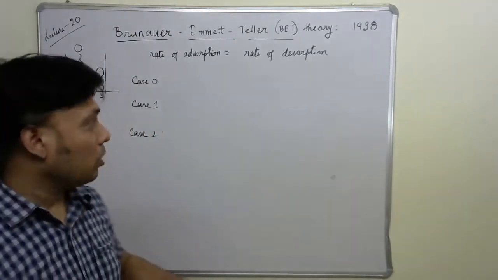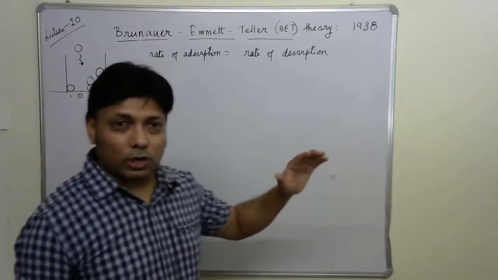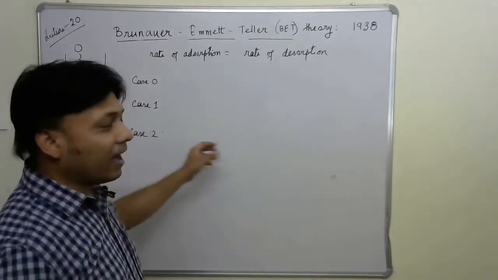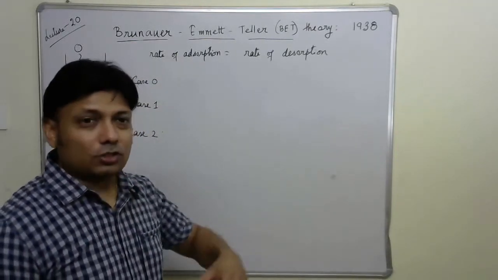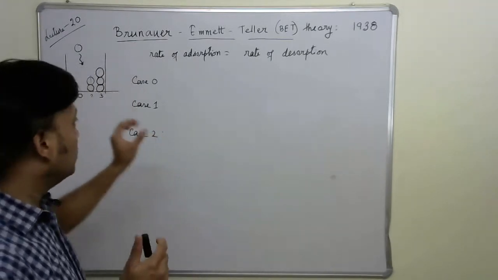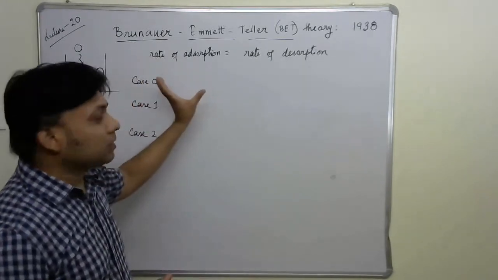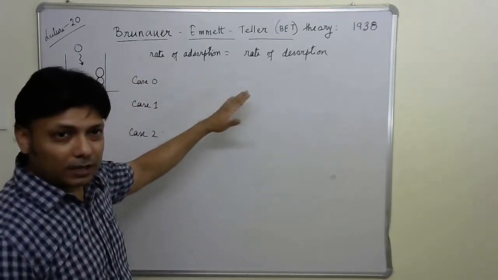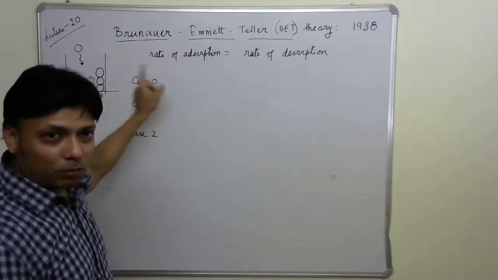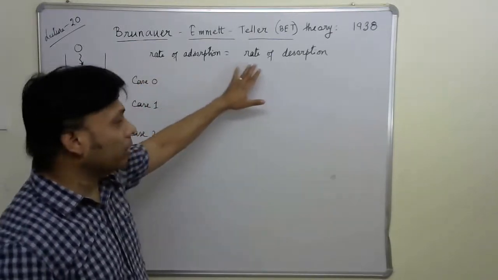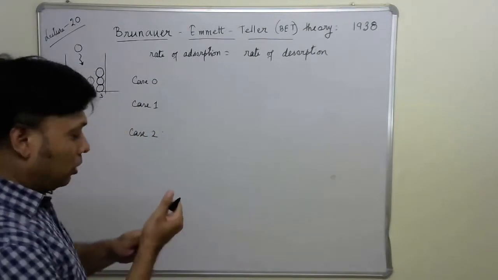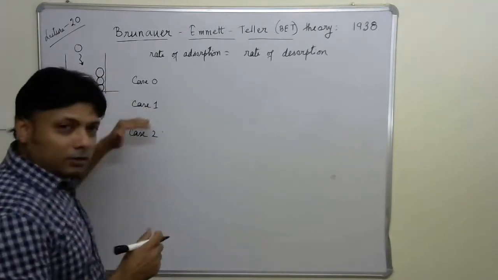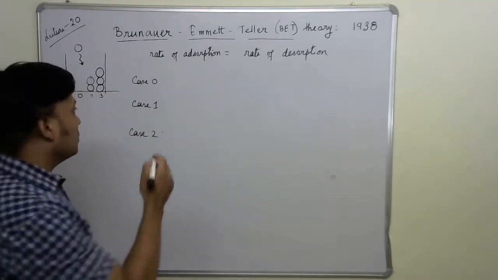As our goal was to establish a relationship between theta and the pressure P, we go back to the fundamental thermodynamic consideration: at any stage of adsorption, the rate of adsorption is equal to the rate of desorption.